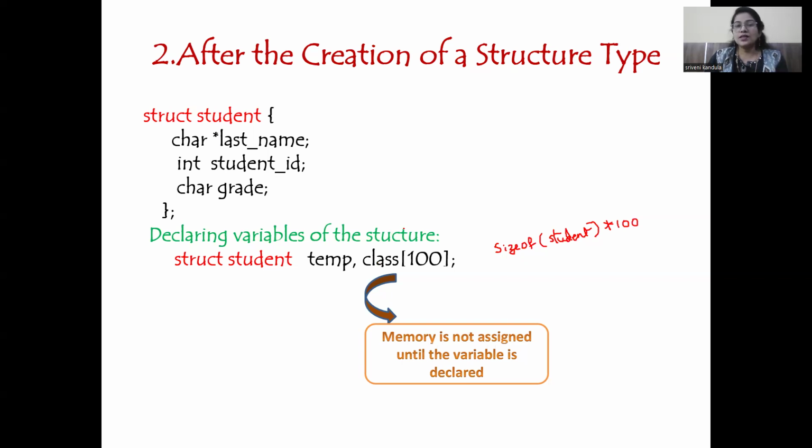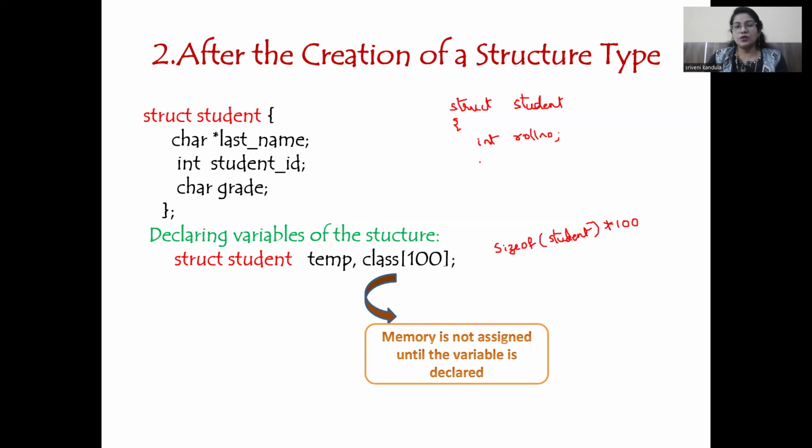Now let us see what is the memory requirement, or how the memory will be allocated to a structure. For that, let us take one simple example. Let us take the same structure, and this time I want to read the roll number of a student. Let it be an integer.